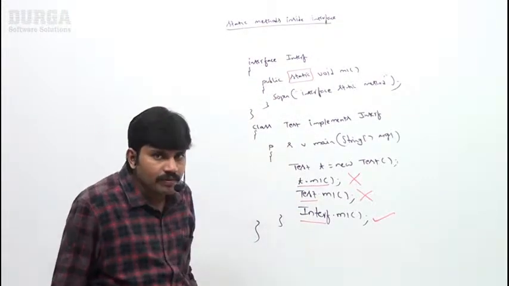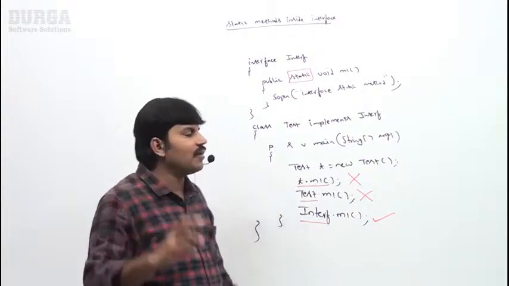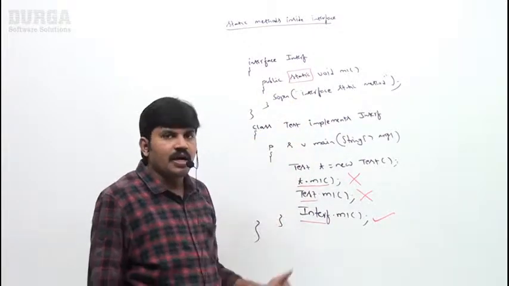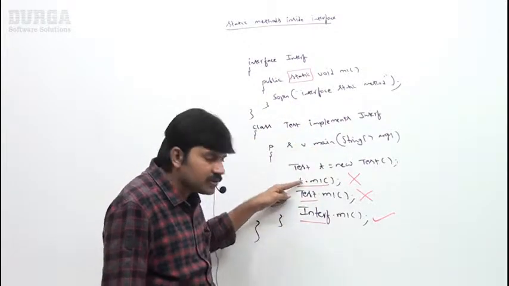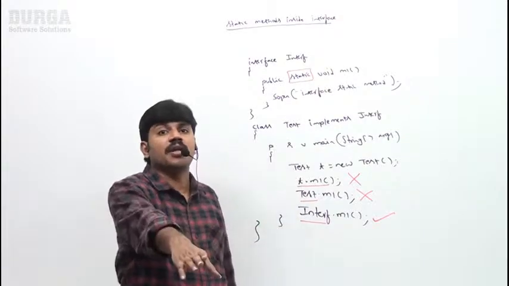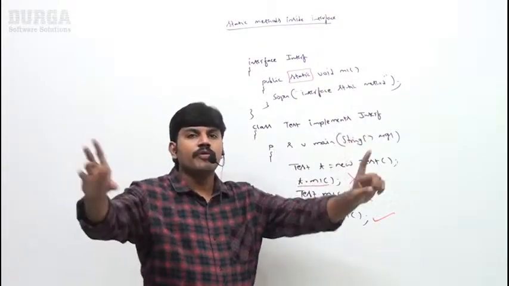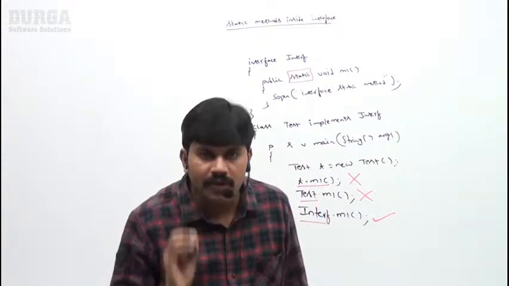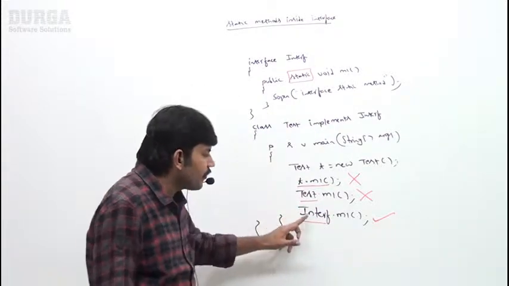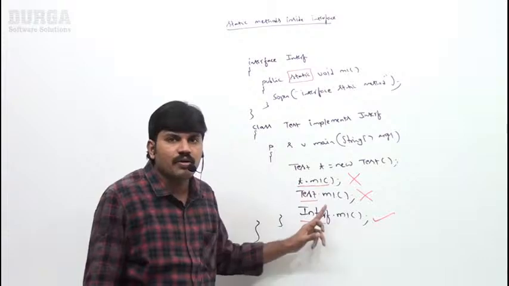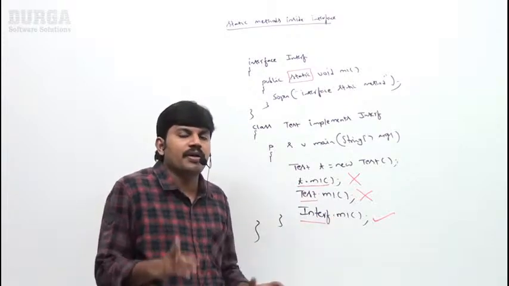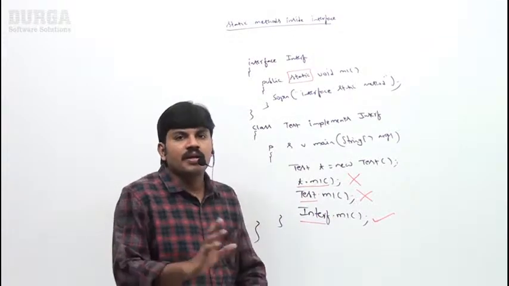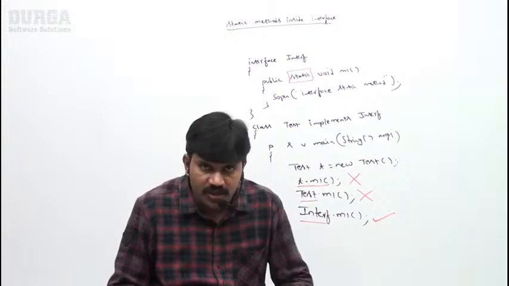That's why in the implementation class you can't call the static method directly, or by using an implementation object reference, or by using the implementation class name. If you want to call an interface static method, there is only one way: by using the interface name only. By mistake, if you try to call in any other way, we will get a compilation error. Are you able to understand, right?